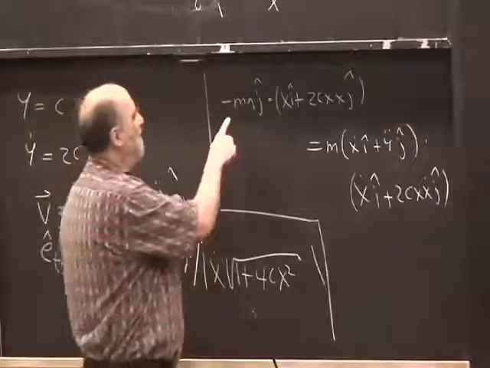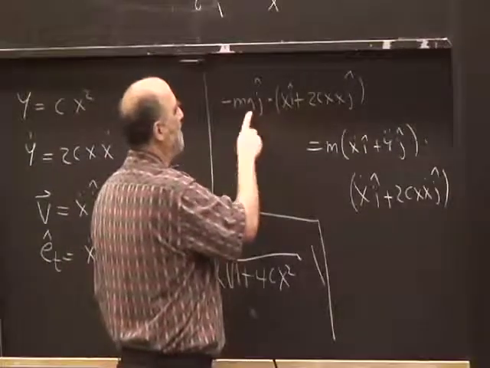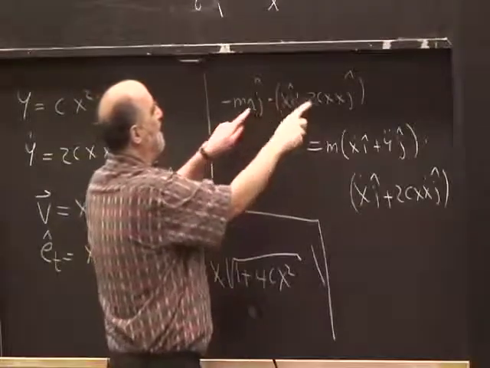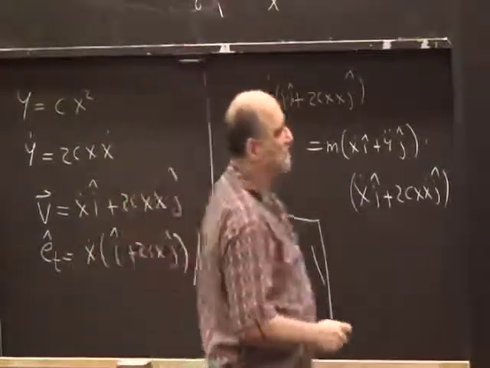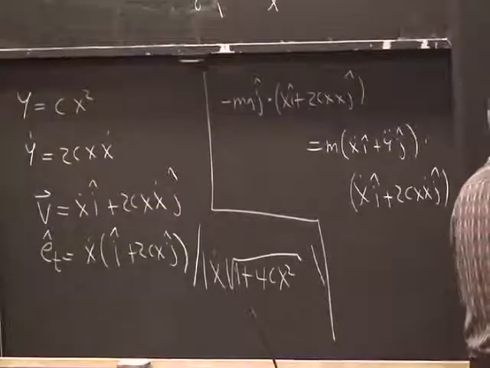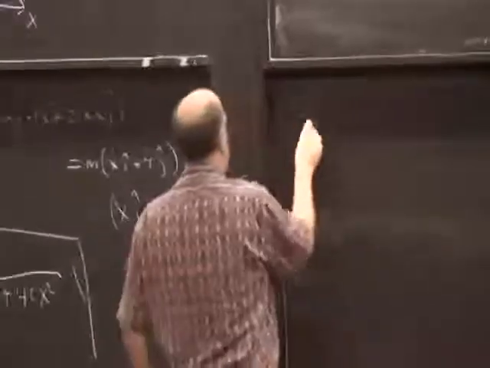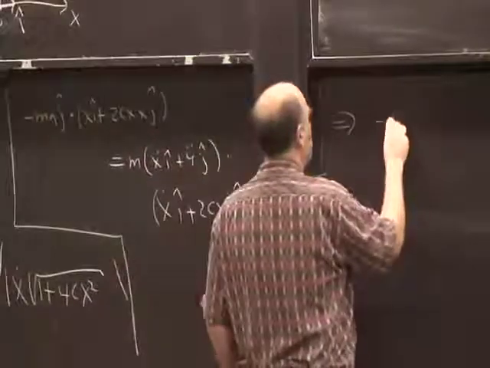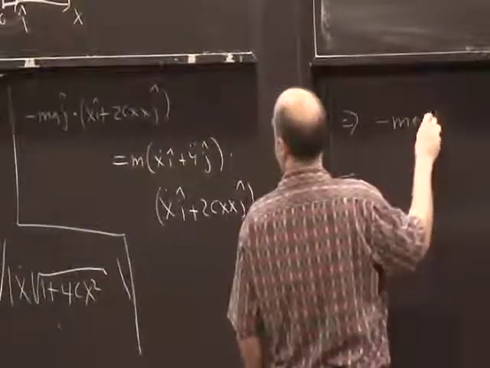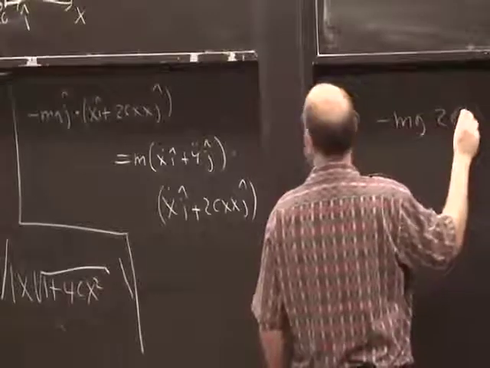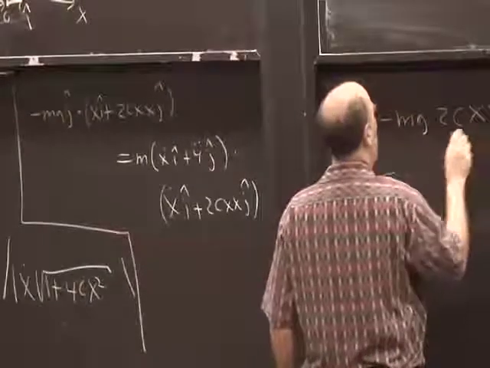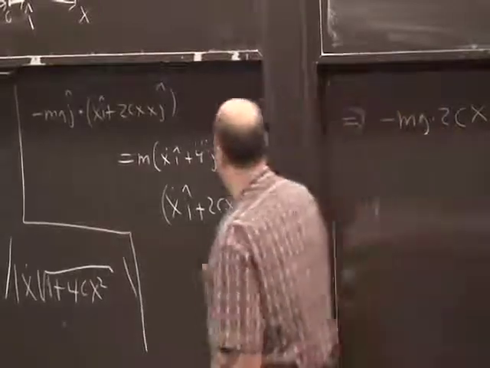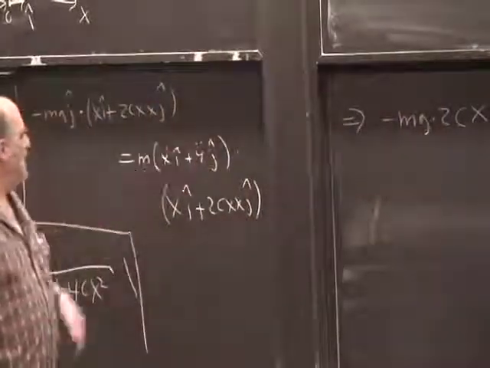So if we want to see what that gives us, this term has in it only the second term. So this gives us minus mg 2c x dot equal, and then on the right hand side we have to put all this stuff together.